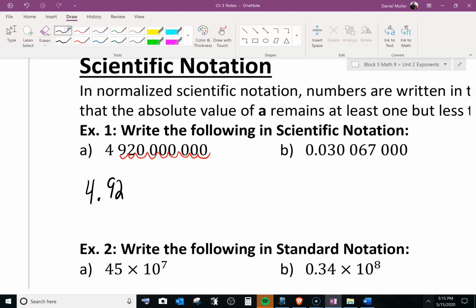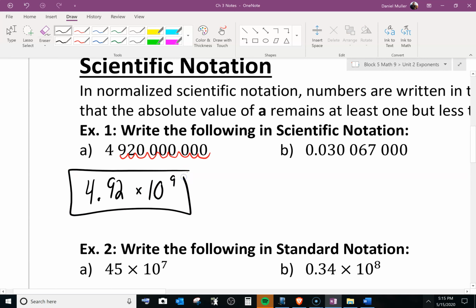So we have 9 times, so times 10 to the 9. That is called scientific notation: 4.92 times 10 to the 9. These are both the same, but this is now written in a much neater, more simple way.